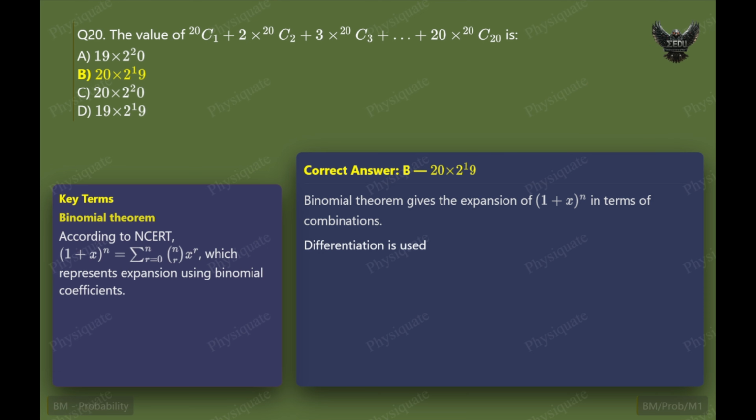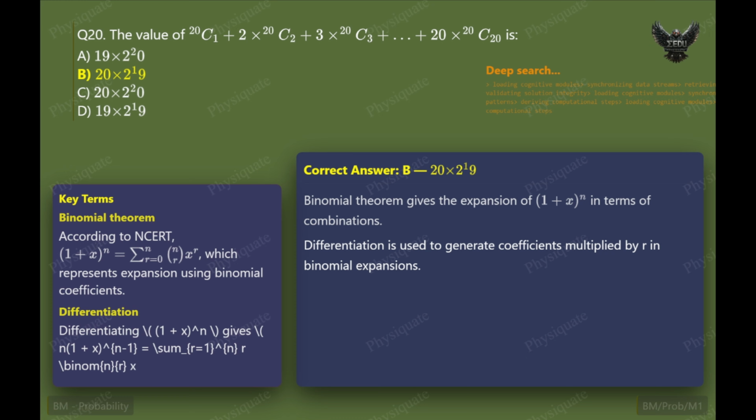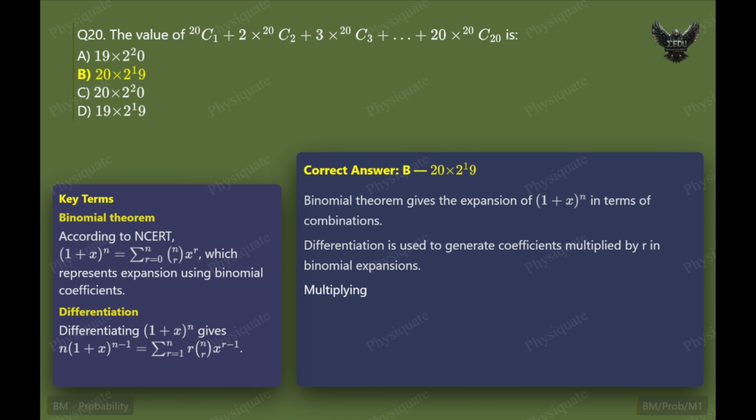Differentiation is used to generate coefficients multiplied by r in binomial expansions. Let us examine differentiation. Differentiating (1+x)^n gives n(1+x)^(n-1) equals the sum of r C(n,r) x^(r-1). Multiplying both sides by x gives n x (1+x)^(n-1) equals the sum from r equals 1 to n of r C(n,r) x^r.